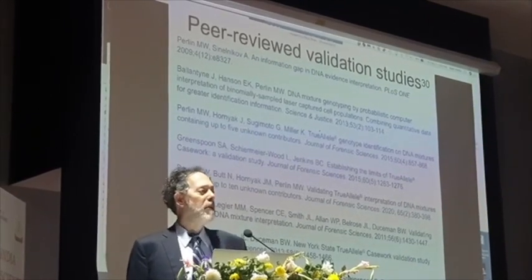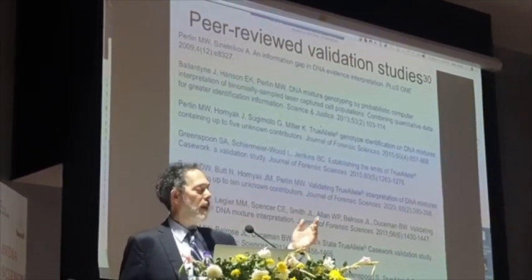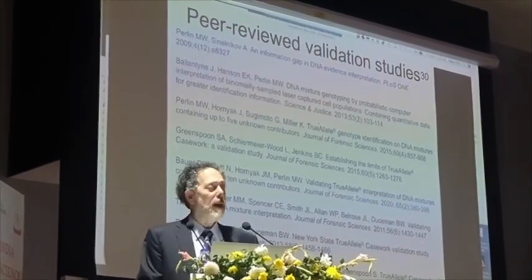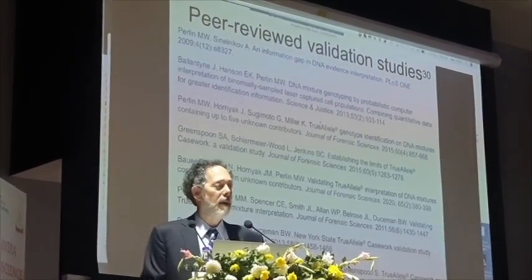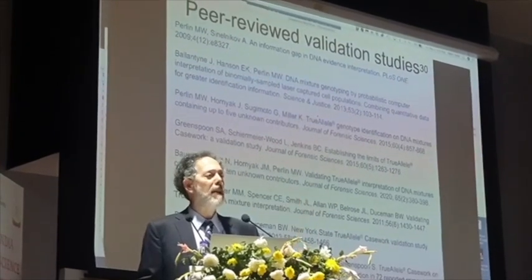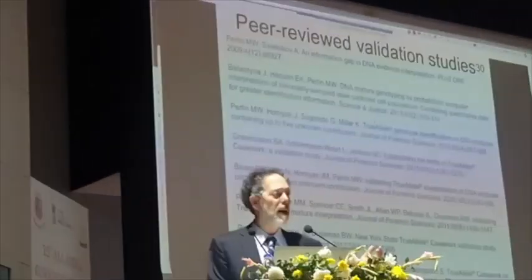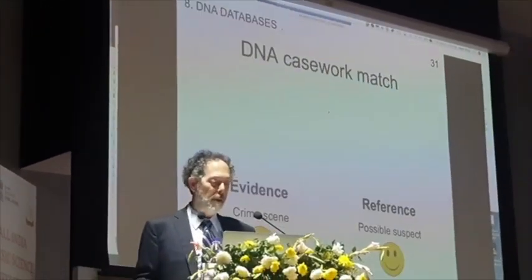Lectures about these papers are on our website, or I can give more talks, which I have there. Each one has many different points. They're interesting. You only need one validation paper for the quality assurance guidelines in the US, but every time there's something interesting, we'll write up another paper.